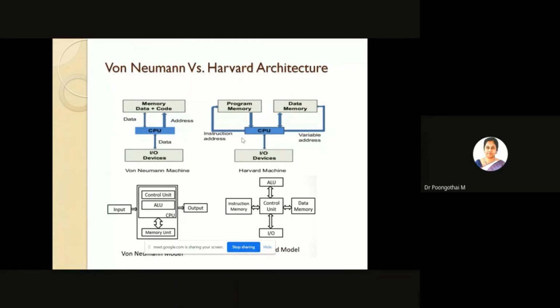In the first stage of the pipeline, the instructions are taken from program memory through the address bus, and in the second stage of the pipeline, the data is taken from the data memory using your data bus. So that is the difference between von Neumann and Harvard architecture. And your 8051 is based on this Harvard architecture, that is, separate memories are available in your 8051 architecture.